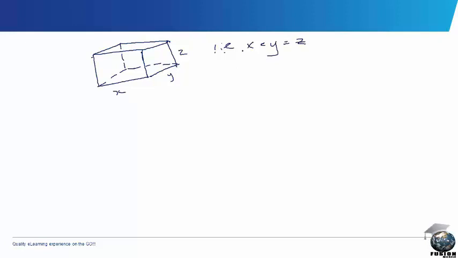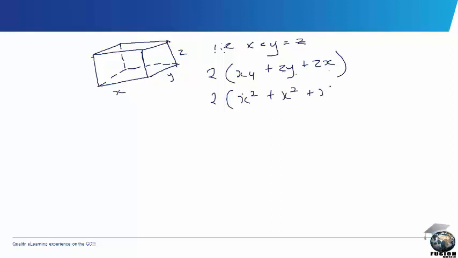And then this changes our formula from 2 times xy, zy, and zx. Since they are all equal, it becomes xx squared, xx squared, and so on.